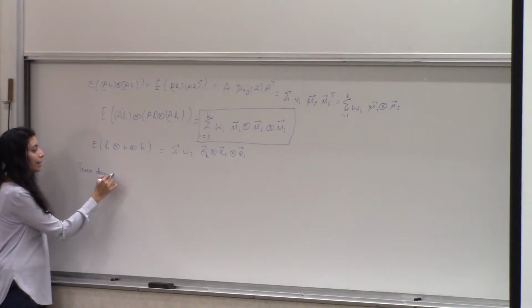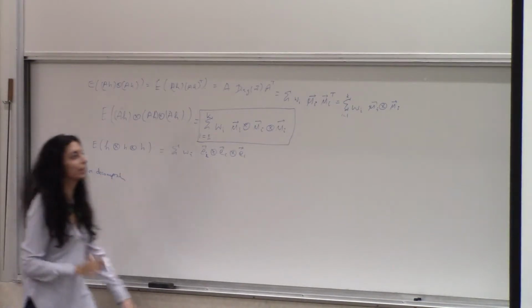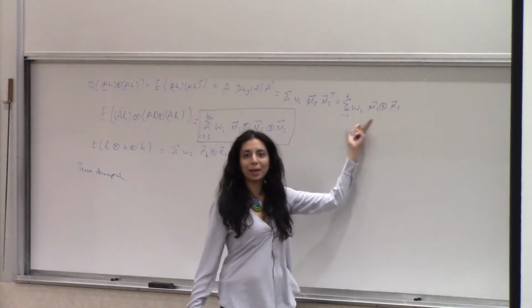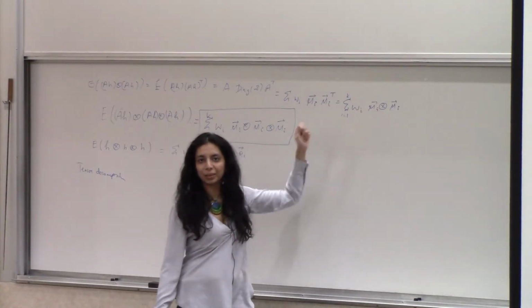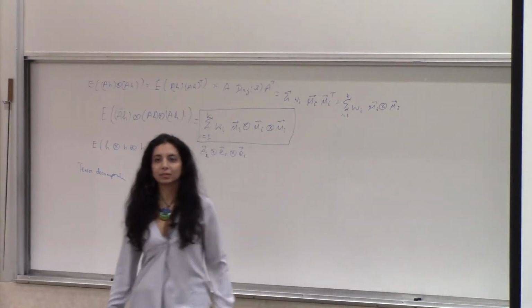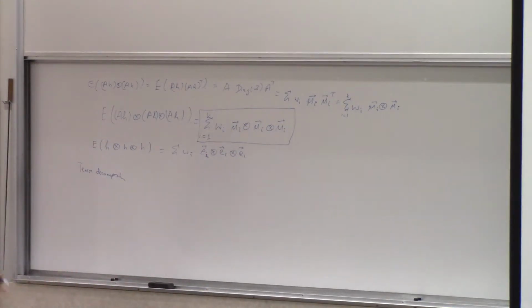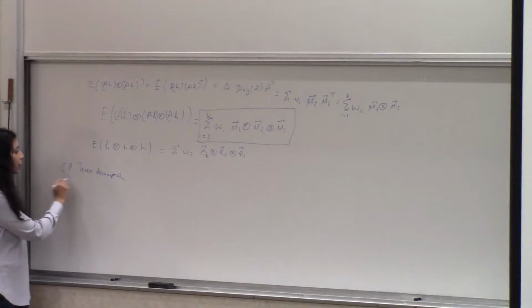Just as we asked the question with matrices, with matrices I asked, given this expansion, can I uniquely determine what the mu i's are? So now I can ask the same question with order 3 tensors. And there are different forms of tensor decomposition. This particular form is called CP.